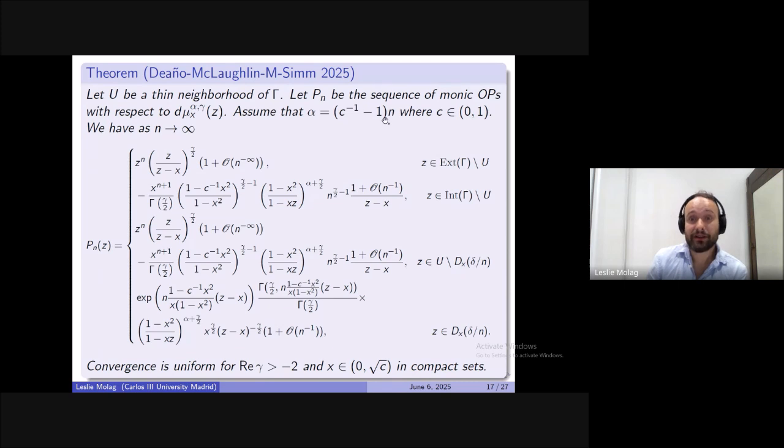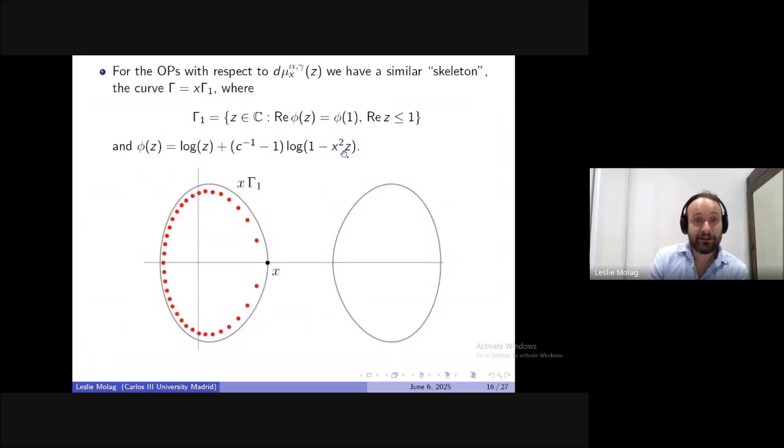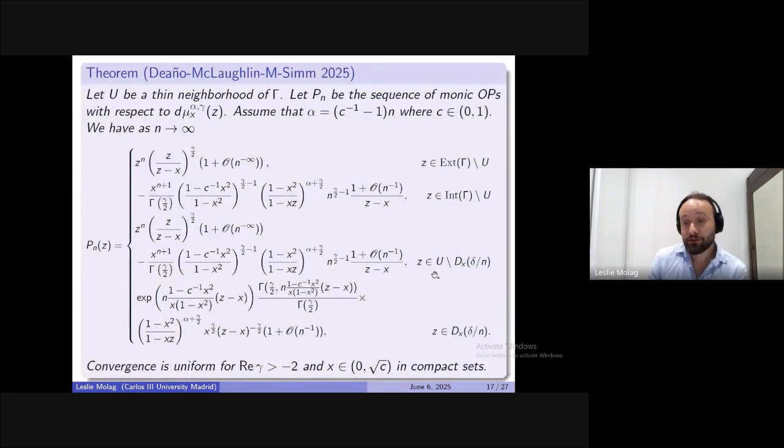Remember that alpha is actually some constant times n. And if you think about this, that gives you exactly this level curve here. Then also here, there is some interesting behavior near the point charge insertion itself, so near x. So there we get some expression in terms of the upper incomplete gamma function.